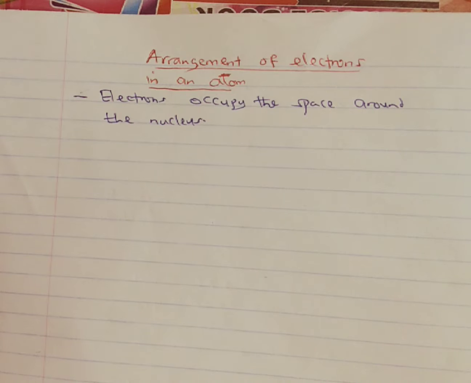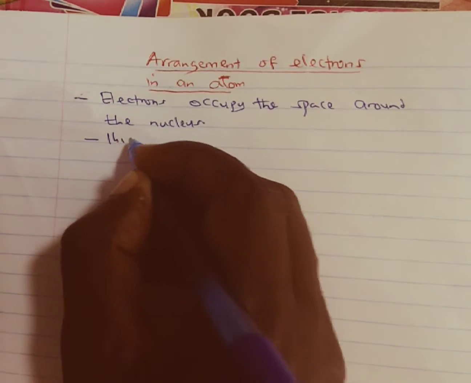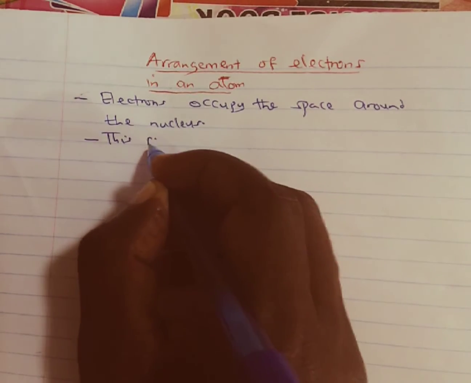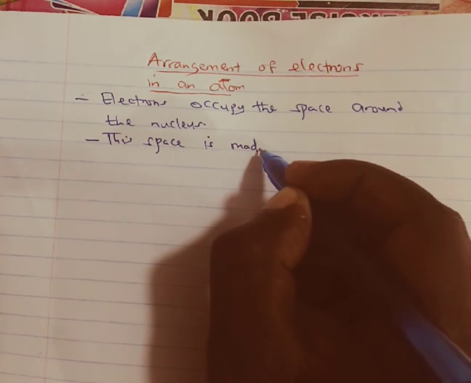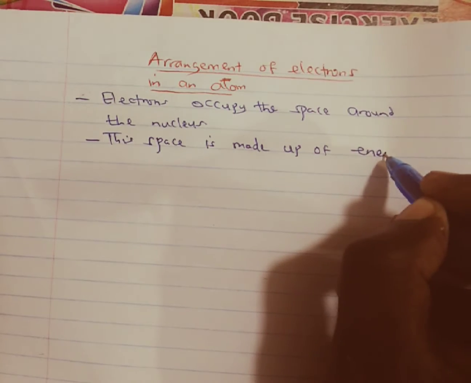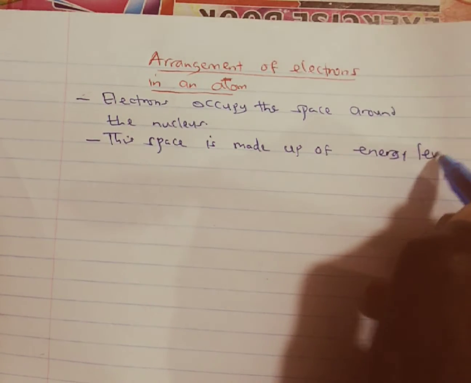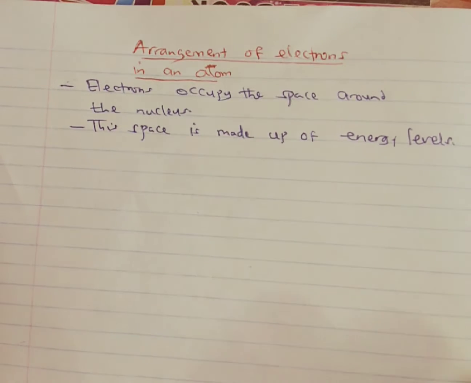Electrons occupy the space around the nucleus, and this space is made up of energy levels.